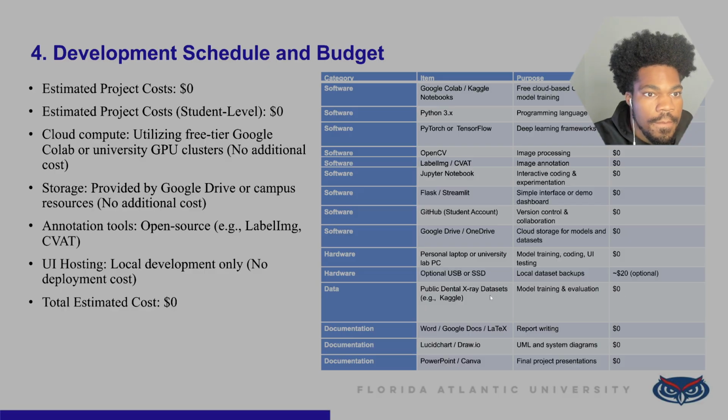Moving on, we have the budget. Great news, this will not cost anything. The only optional cost that might come into play is the SSD, which would allow for faster software uploads and downloads, as well as the utilization of just anything related to speeding up the process of our software.